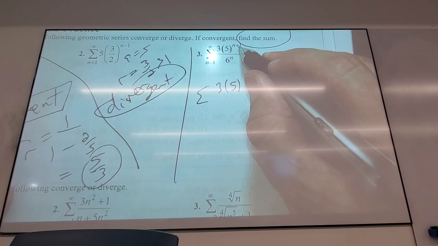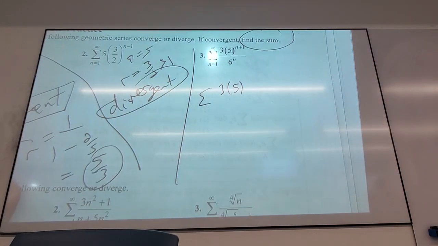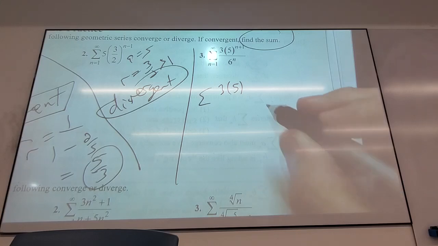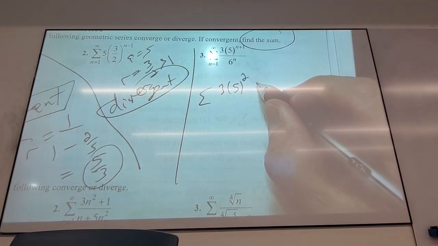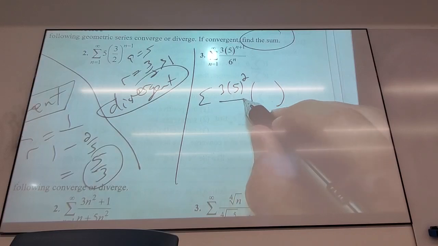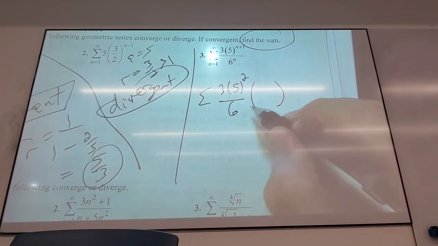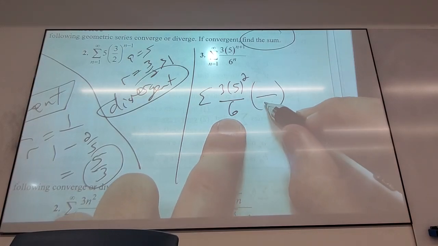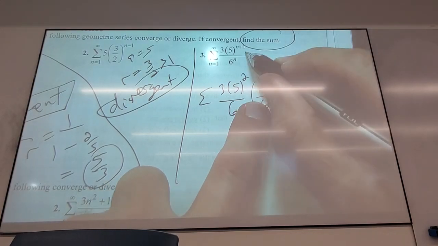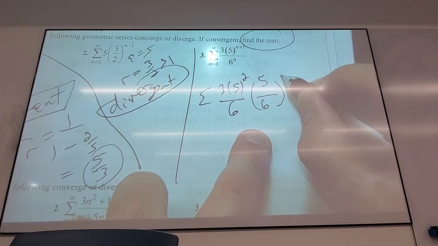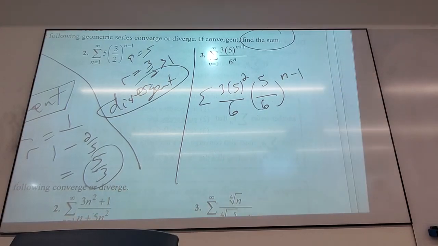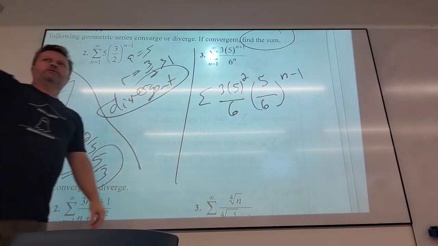There's 1 extra 5 compared to the 6's, but then I have to take 1 more, so the power is n minus 1. So I need to take out 2 5's, yes? And how many 6's do I need to take out? Just 1. So if I take out a 6 and 2 5's, how many of each are left? n minus 1. Now, can you see what A is?